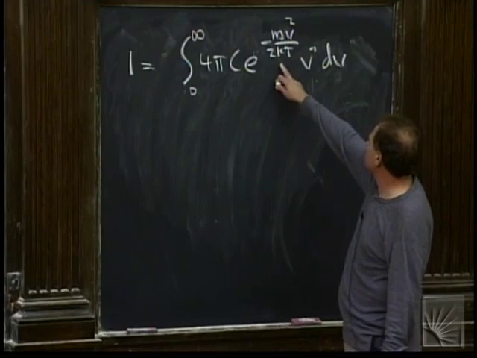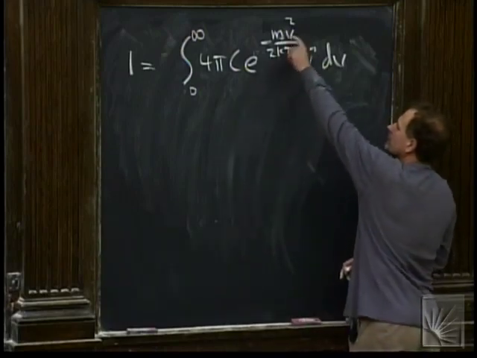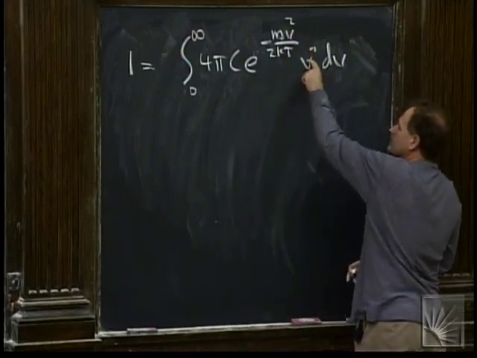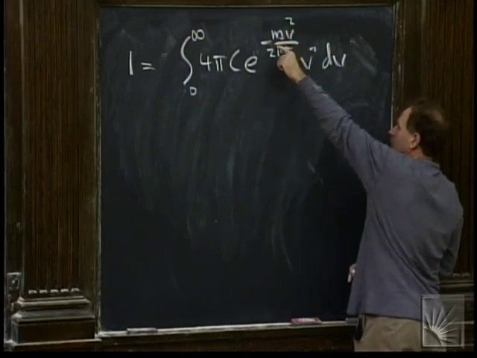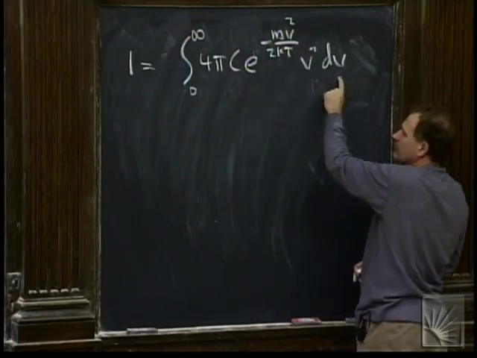If you look in the front of the book, this is basically the integral of e to the minus variable squared, with a constant out front, times variable squared dv.